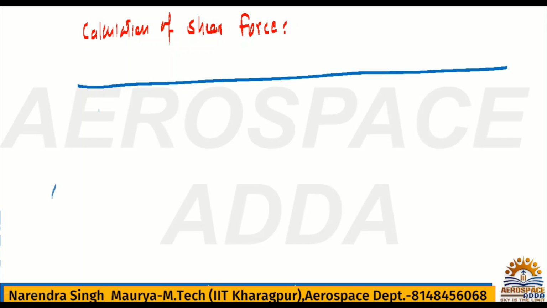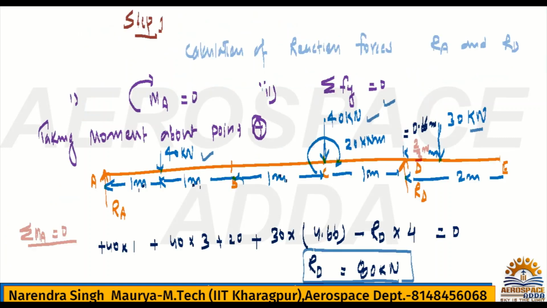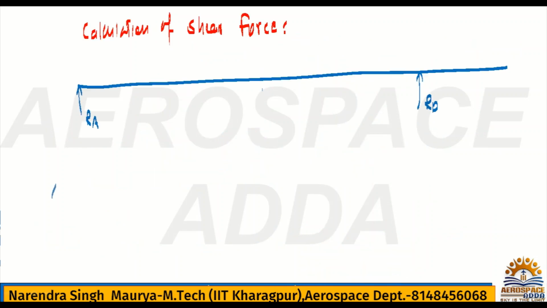I can draw the beam: RA here, and this is called E.